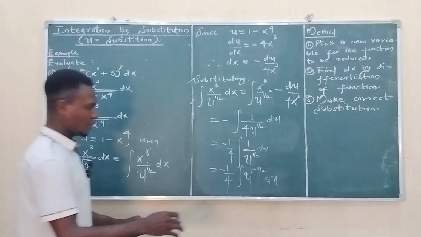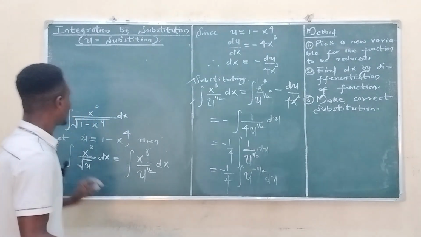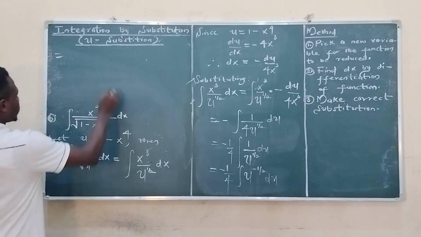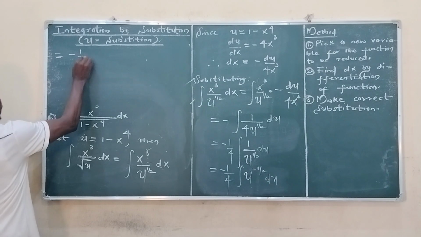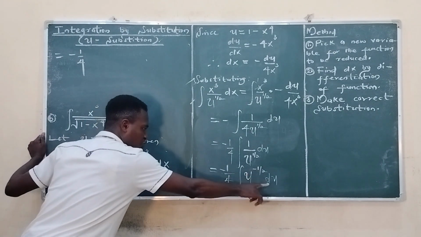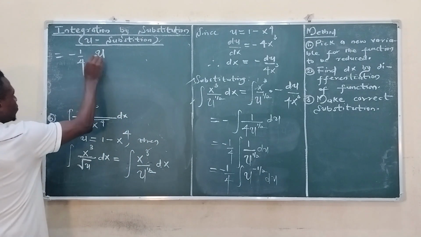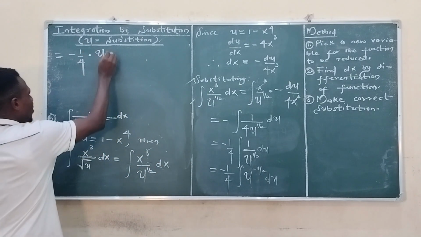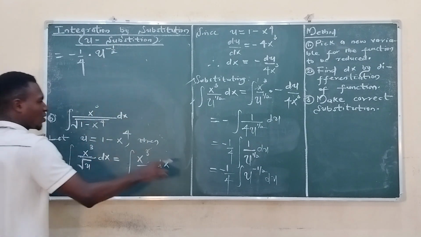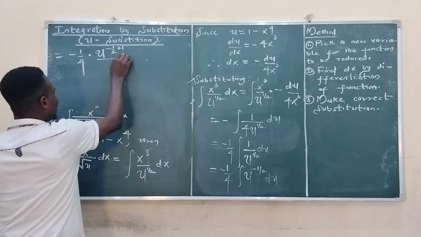So in this now, we can simplify our work to be given by this. This is equal to minus 1 all over 4. The integral of u to a power with respect to u is given by the process. This is given by u raised to the power of minus 1 all over 2. According to the rule, we add 1 to the power and divide by the new power.